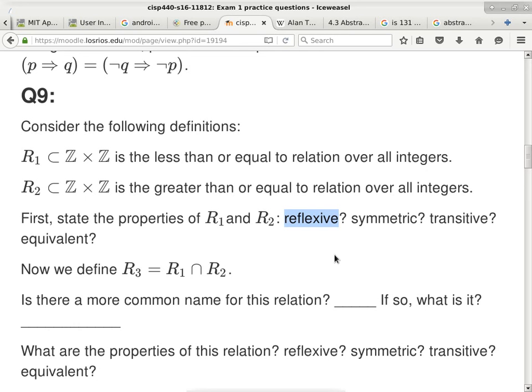Is that number less than or equal to the same number? Is that number greater than or equal to that number? Yes. So it's reflexive. Reflexive is just A related to A, for all the elements A in Z in this case. Are they symmetric?